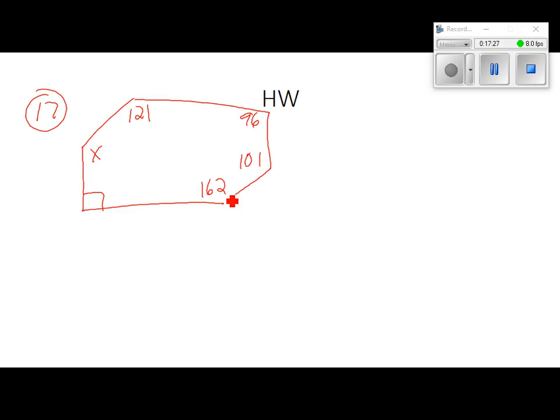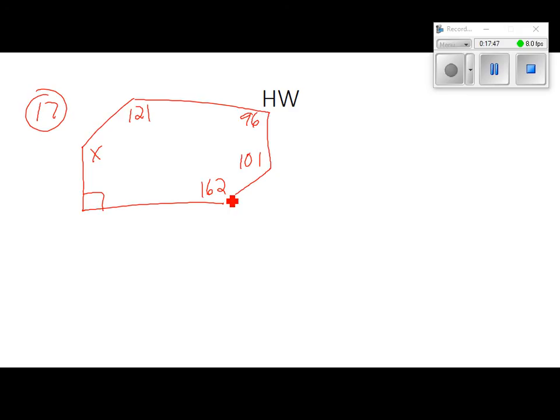You know how to do this one. First thing we've got to do is count the sides. How many sides does the polygon have? 6. What do you need that number of sides for? Plug it in: 6 minus 2 times 180.